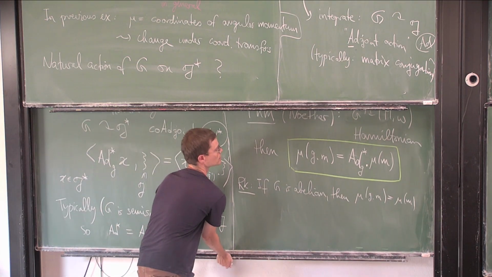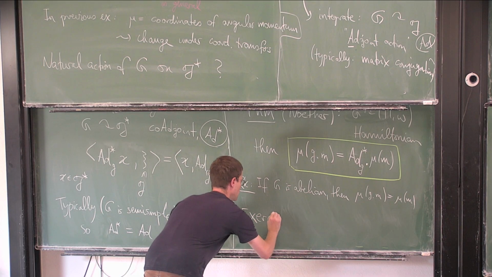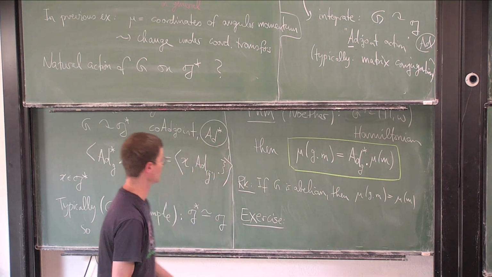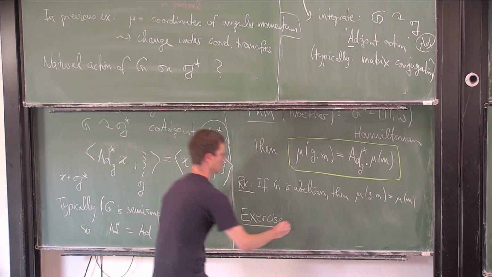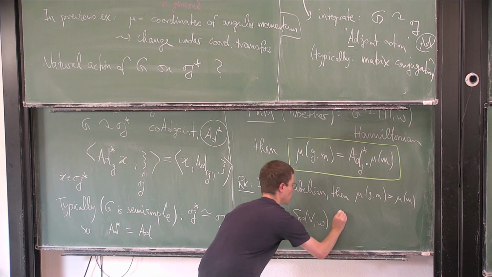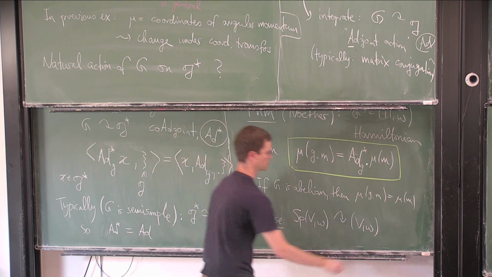Okay, for those who are interested in an exercise, I will not do it here. But a very natural exercise, when we come back to this linear setting, is the linear symplectic group. Of course it acts on the symplectic vector space.